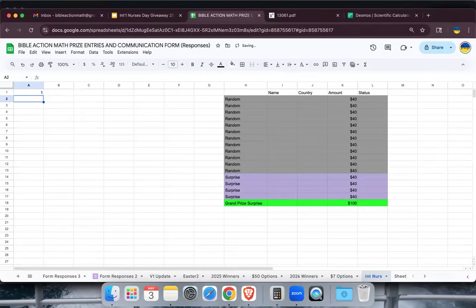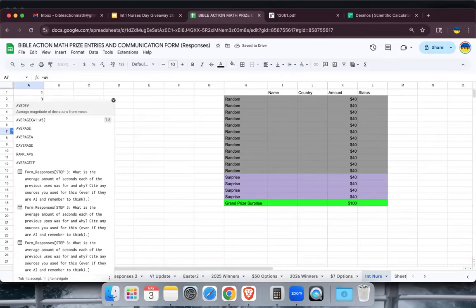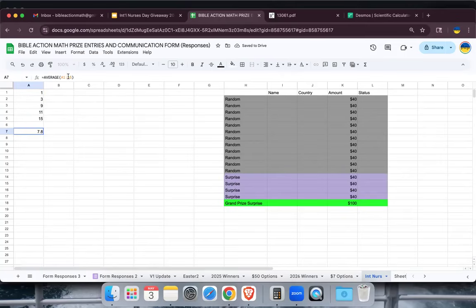So we have 1, 3, 9, 11, and 15. So if I say equals average, it already knew A1 through A5, but I could have clicked that and then close parentheses, enter. So they got 7.8. Okay.